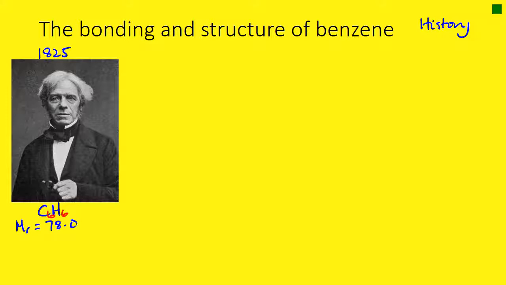The next job was to try and work out what the structure of benzene was. He and other scientists couldn't figure it out for a long time. Eventually they worked with a linear structure such as this one, with lots of double bonds in a row. So we had double bond, single bond, and something like this.